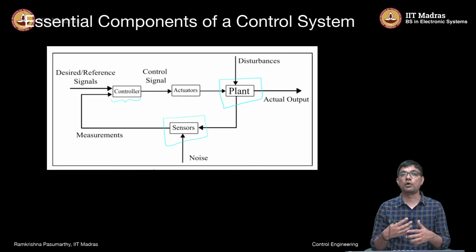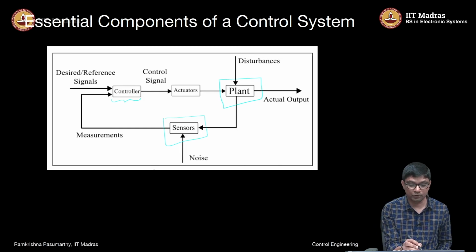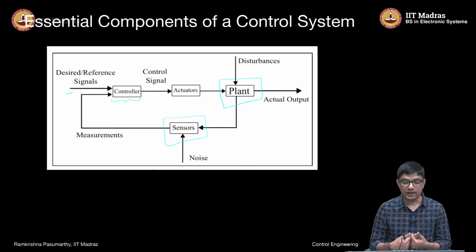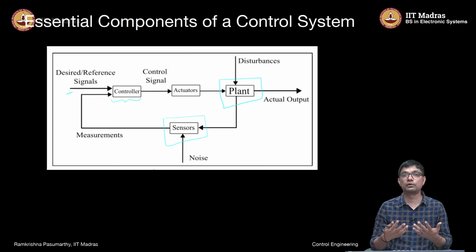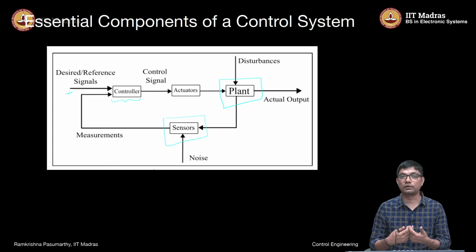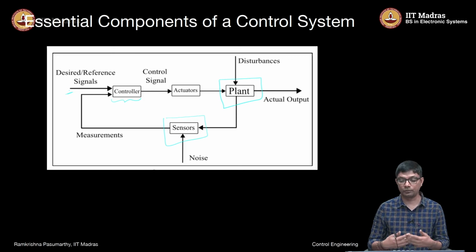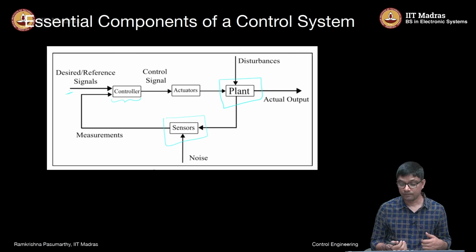The sensor will continuously monitor a certain variable of interest, which we will call the output. It will compare the actual output to the desired reference value, and based on that, the controller will compute what is a control signal. The actuator will transform that control signal to an actual mechanical output, and the process keeps going.